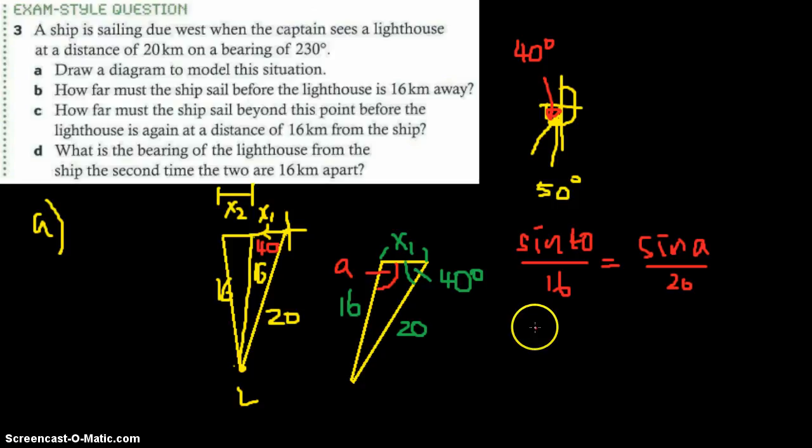So my sine A is equal to 20 times sine 40 divided by 16.